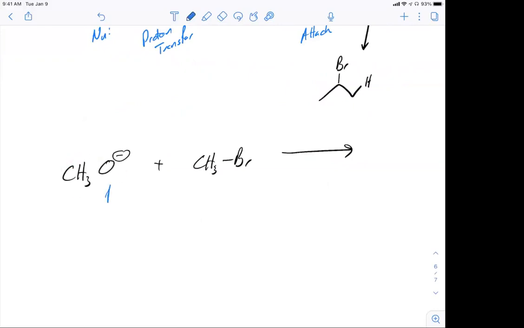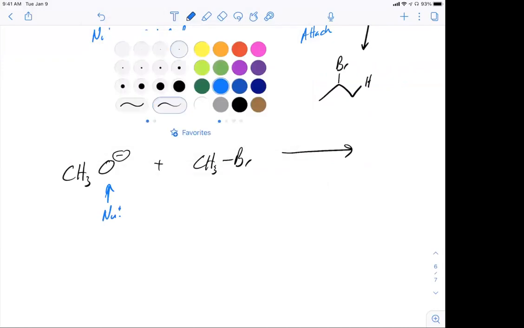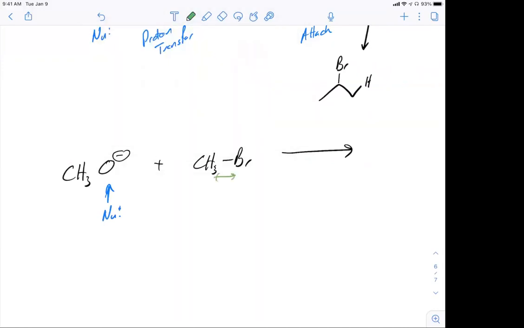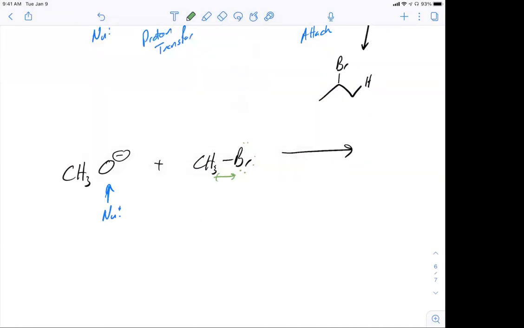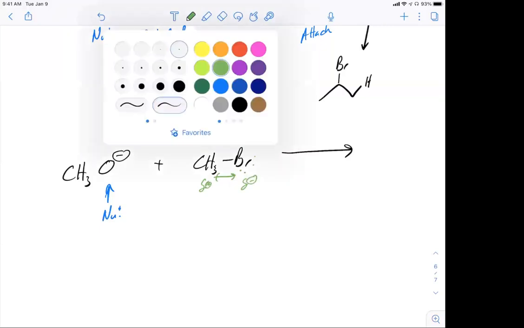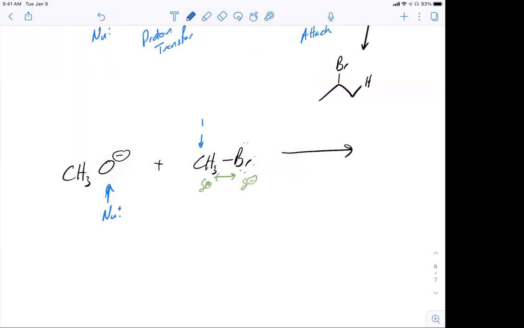That oxygen negative is going to be my nucleophile. If we look at our second species, I've got a bond dipole here. We've got lone pairs on the bromine, but those lone pairs aren't available. But that partial positive and partial negative means that this methyl group is my electrophile.